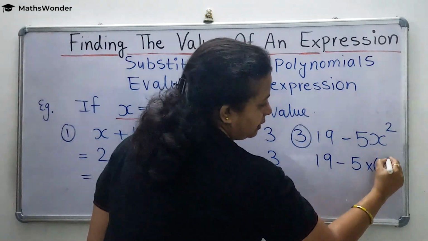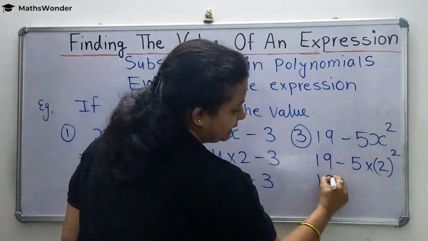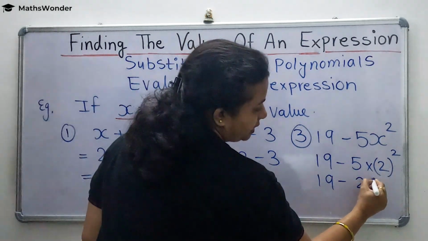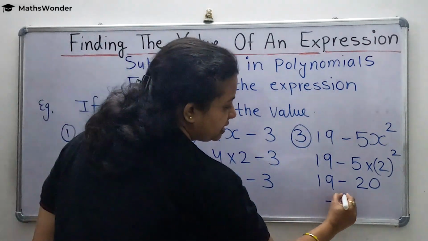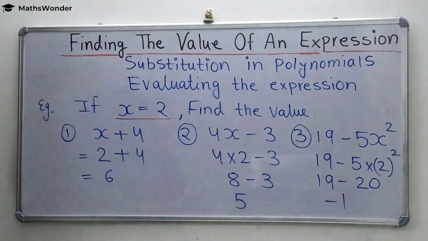You will substitute 2, so 2 times 2 will be 4, and 5 times 4 is 20. When you subtract, you apply the integers rule. So 19 minus 20 will be negative 1. Now we have found the values of the expression.